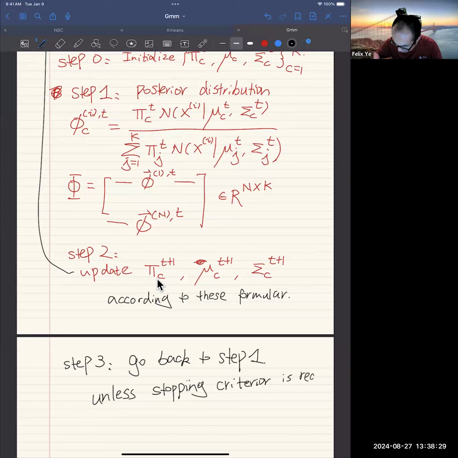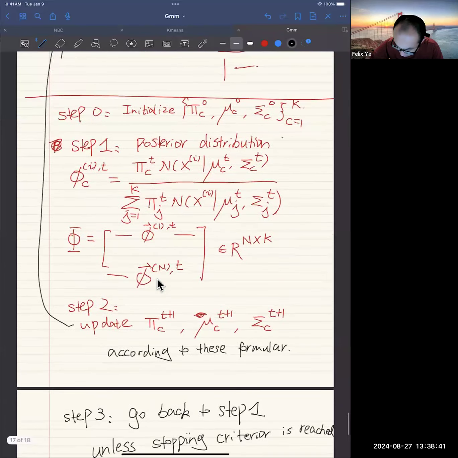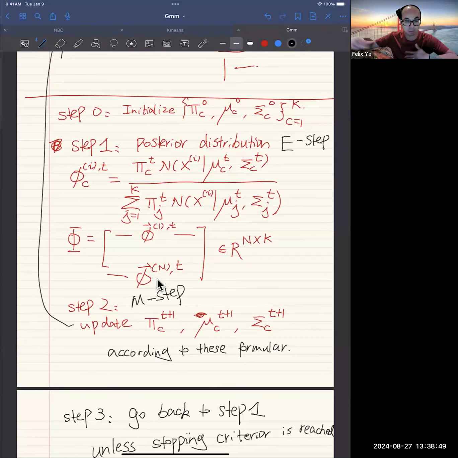For example, all these parameters don't change too much, I mean they are already fixed, then you're going to stop. So this is actually the E step, and this is actually the M step. So that's why this is called the EM algorithm. You just keep updating and iterating here.